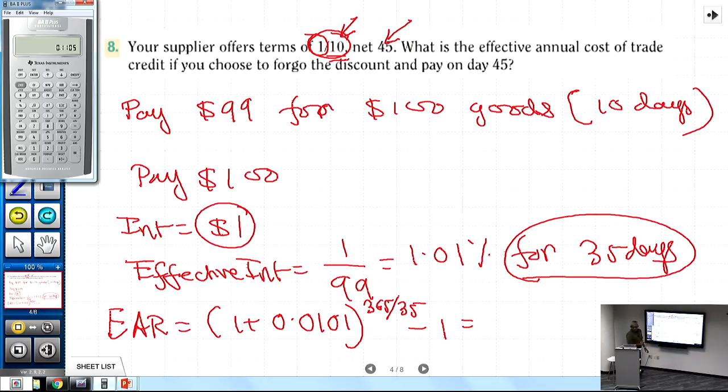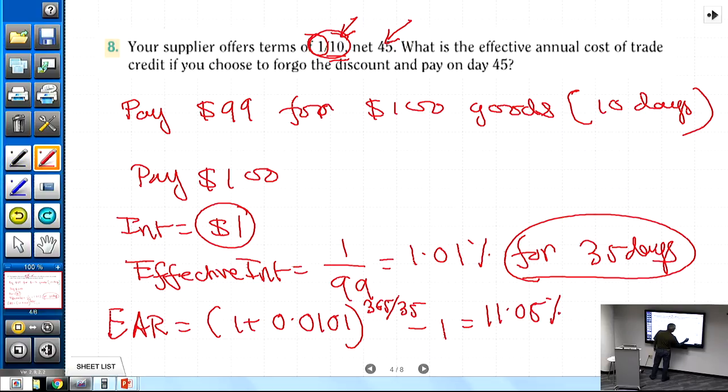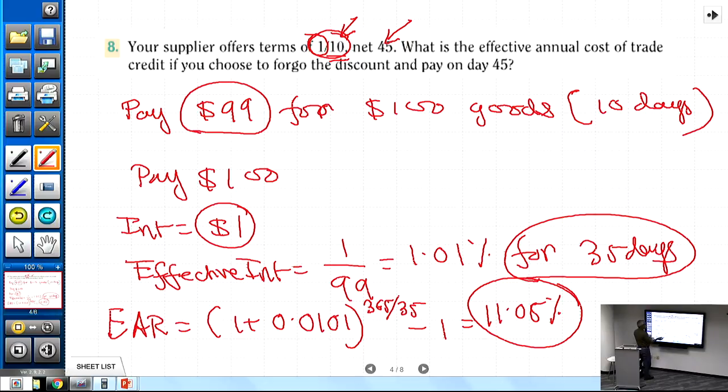That's 0.1105 or 11.05%. So effectively, by foregoing those terms of trade, paying $99 in 10 days, and instead waiting until the 45th day to pay 100, effectively I have paid an interest of 11.05% on my trade.